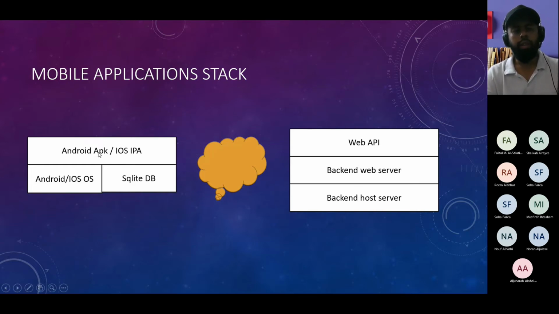Android APK, I have written APK because Android applications are in .apk format. Although as a normal user you install them from the store and you don't see the extension, from a pen tester's perspective the applications are in .apk format.